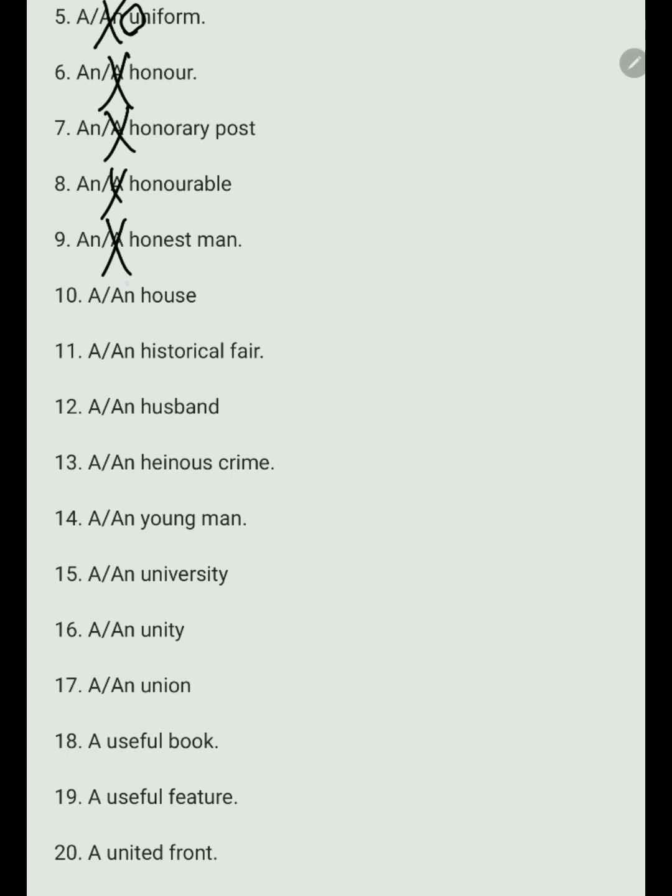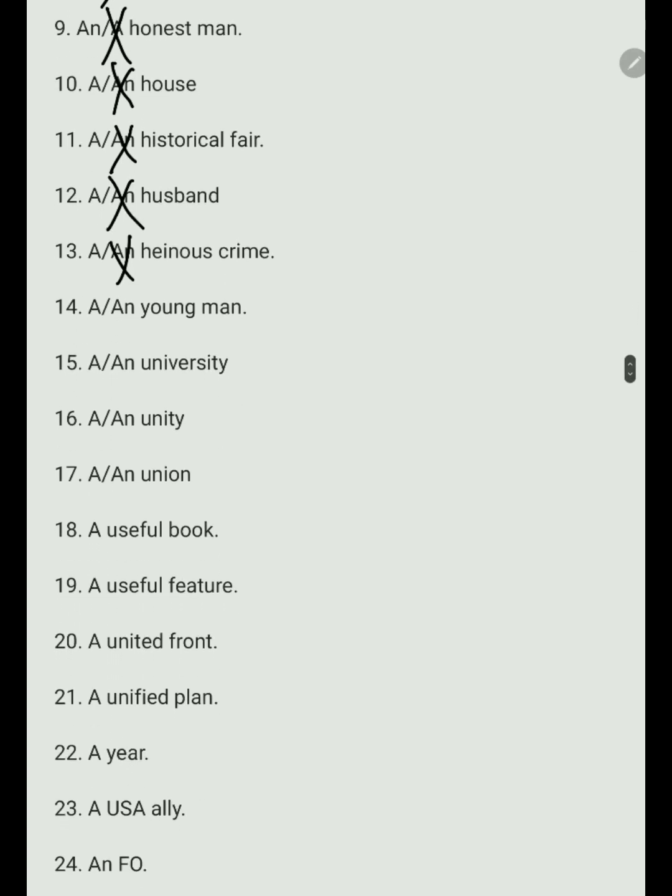A house or an house? House. Ha is the sound. So I will use a house. A historical fair or an historical fair? A historical fair. A husband. A heinous crime. A young man or an young man? A university or an university?